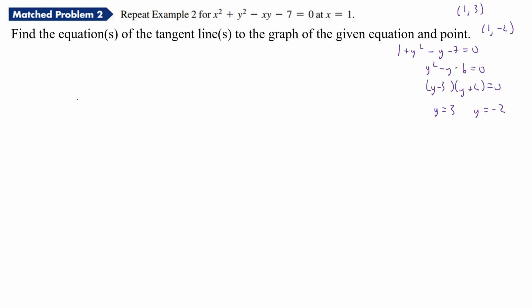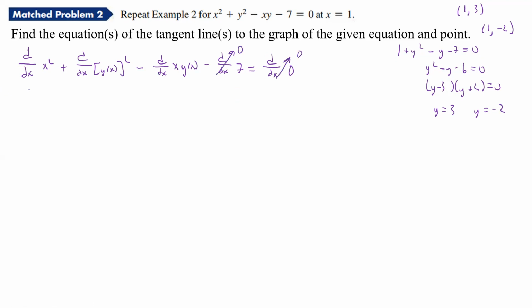So we're going to have d/dx of x squared, plus d/dx of y of x squared, minus d/dx of x times y of x, minus d/dx of 7, and that's equal to d/dx of 0. All right. First things first, we know that derivative and that derivative are both going to be 0, so we're good there.